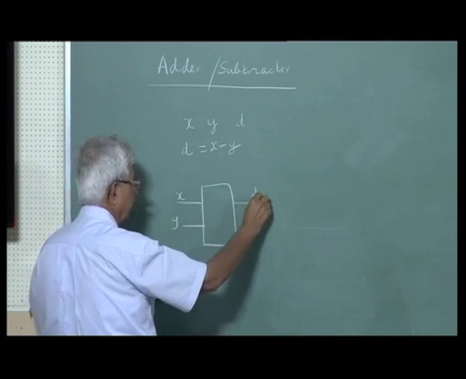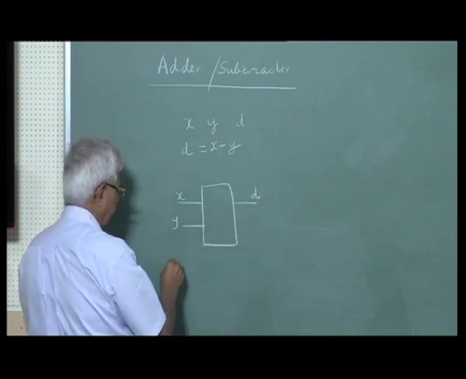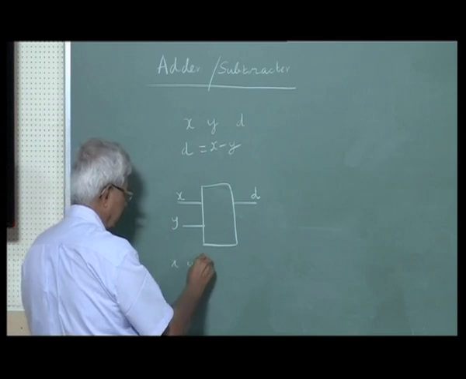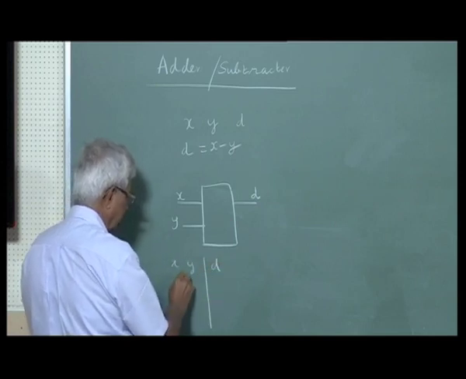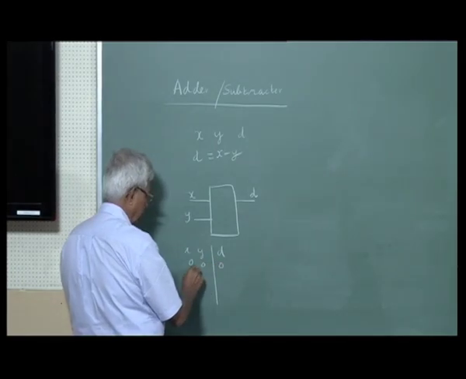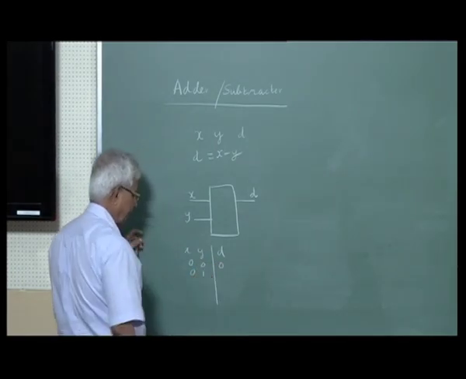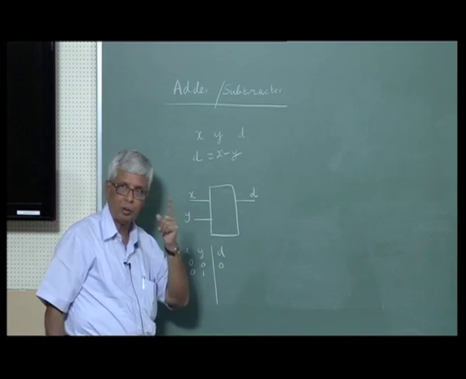D is the difference. So I have x, y, D. If both are 0, it is 0. 0, this is 1. I want to subtract 1 from 0.